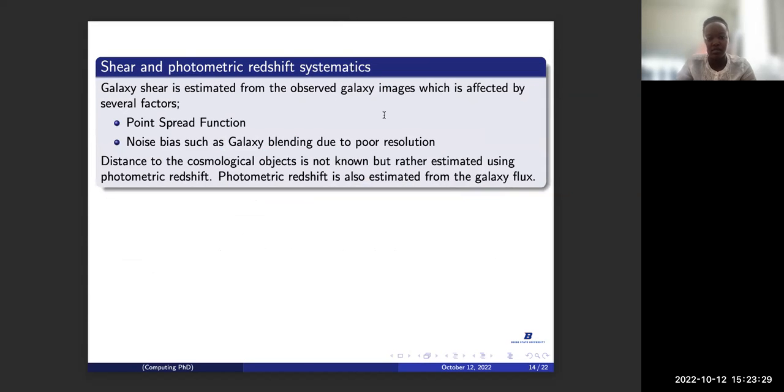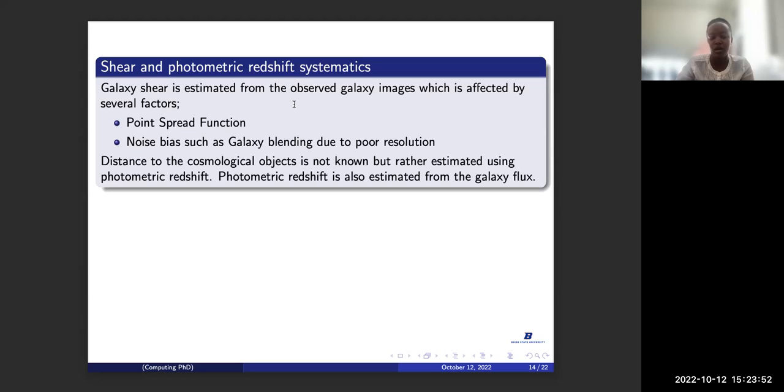The other systematics that affect the weak lensing analysis come from the shear and the photometric redshift. As I mentioned earlier, the photometric redshift catalog is estimated, and these estimations have some systematics associated with them. The fact that we don't know the exact distance of objects in the sky, we are only estimating it.